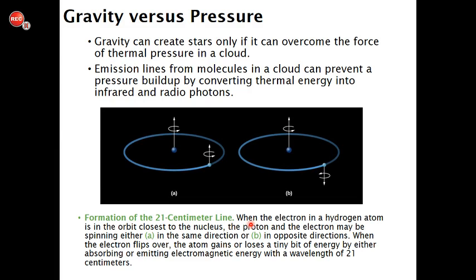Effectively, emission lines have to carry away some of the energy from the cloud by changing the thermal energy into light. One way it can do that is if you have a neutral hydrogen atom, the different possible states are in just a single, one electron, one proton.